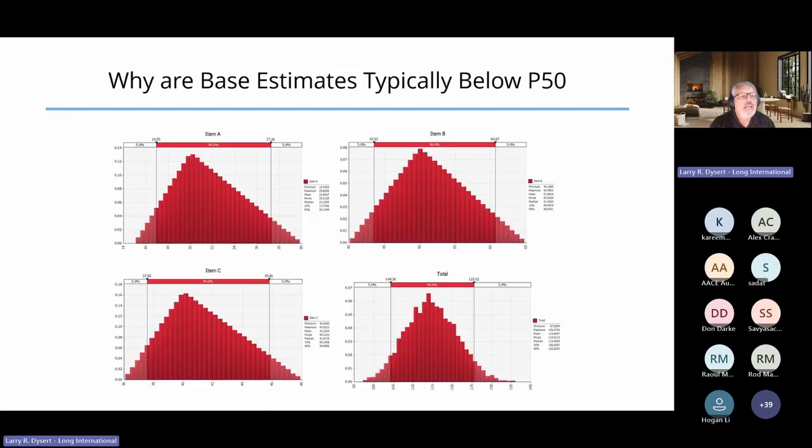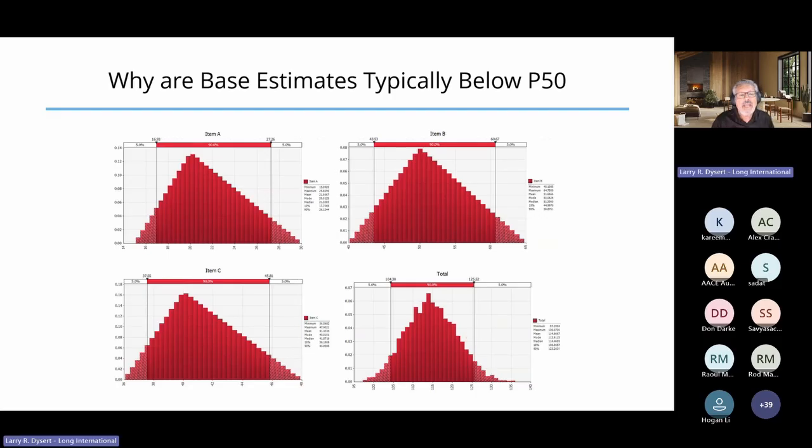When I take those values, I end up with a triangular distribution representing item A and item B and item C, and an overall distribution, the overall results of my Monte Carlo simulation, that is still a bit of a skewed distribution, but it looks much more normal than these other 3.